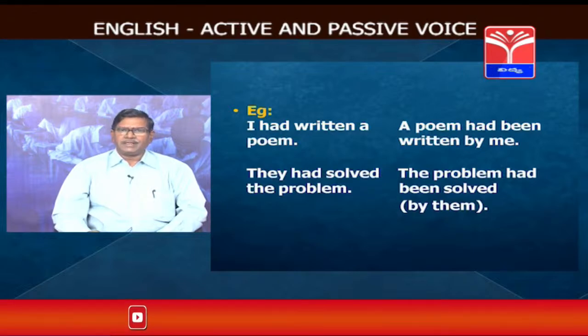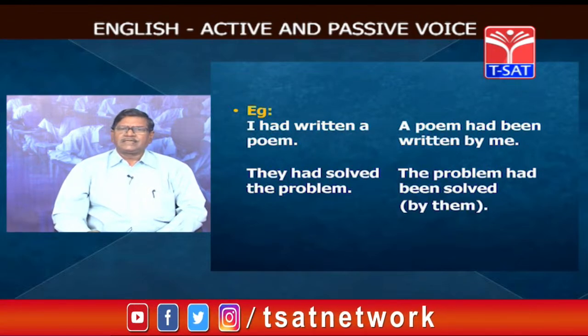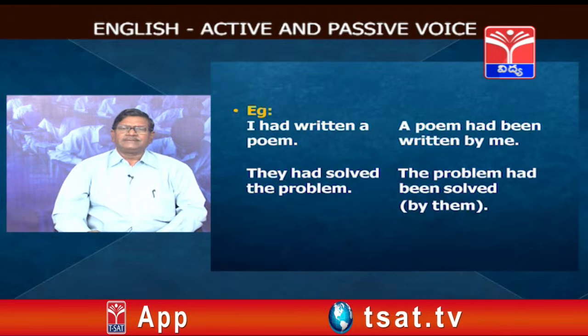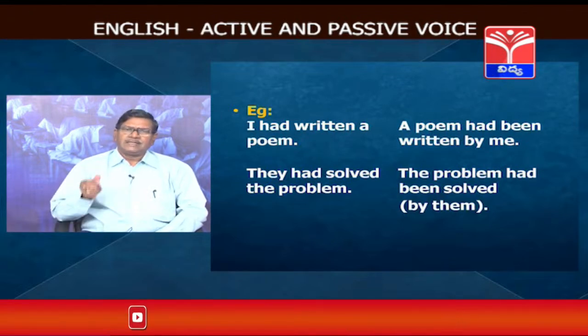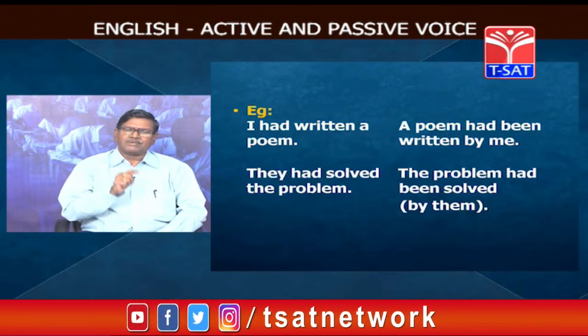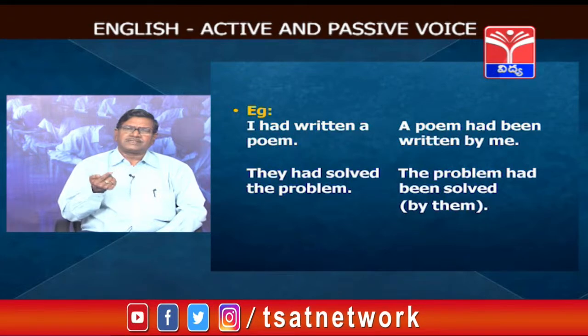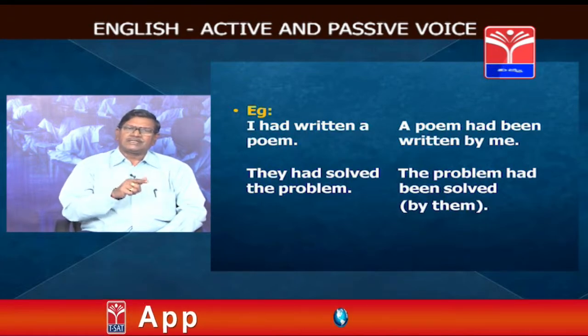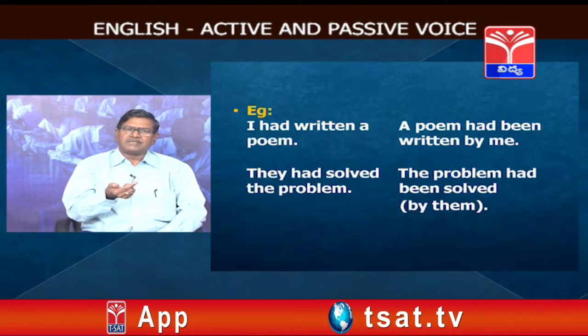Be becomes been, and the main verb takes the past participle form again. The verb taking the past participle form in passive voice is the common characteristic. It is the common thing, whether the sentence is in simple present tense, simple past tense, simple future, present continuous, past continuous, or present perfect.